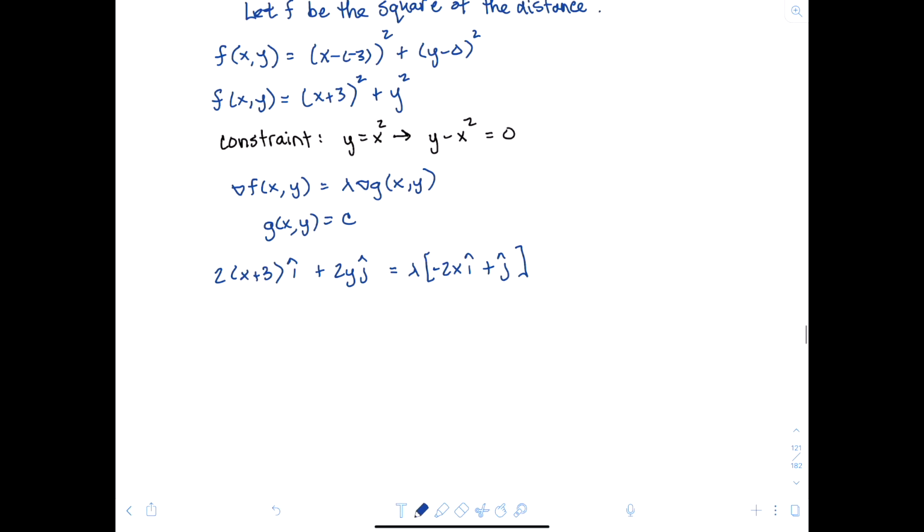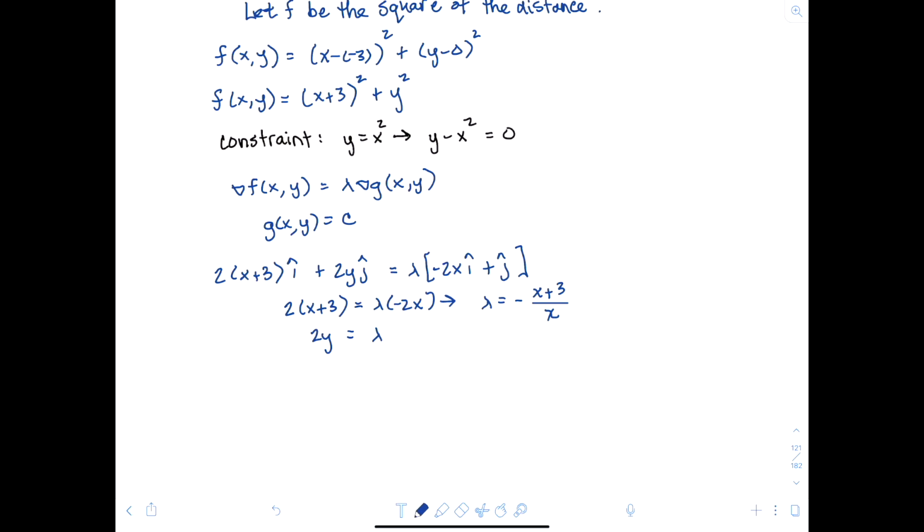And then to solve, we would just equate the coefficients of the i's and the coefficients of the j's. So we would get 2 times x plus 3 equals lambda times negative 2x, and 2y equals lambda. If I isolate lambda in the first equation, I will have lambda equal to negative x plus 3 over x, because the 2's will divide out.